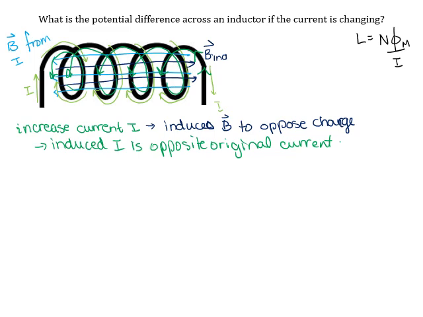Okay, so what does that induced current do? Let's make sure we understand what's happening here. So the induced current will move positive charge because remember, current is just the flow of positive charge. So the induced current moves positive charge towards the left end of the inductor.